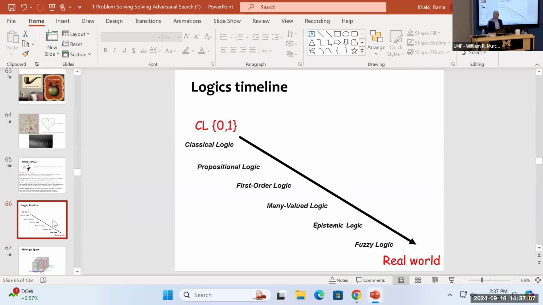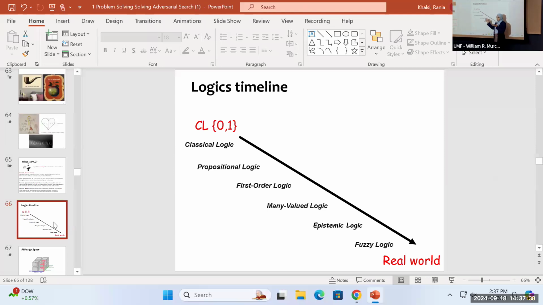We also discussed logics, spending most of our time on the logics timeline. To represent knowledge corresponding to things from the real world, we want to move from the very basic representation, classical logic, where we use binaries to represent things to a computer.